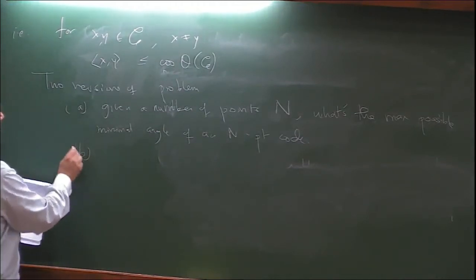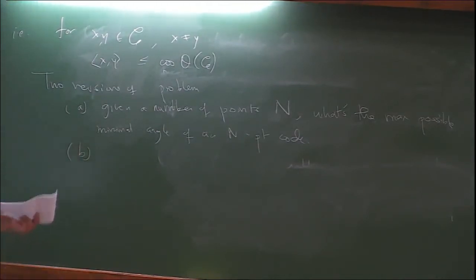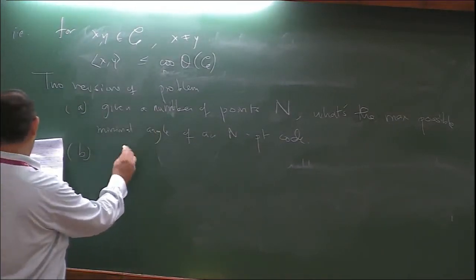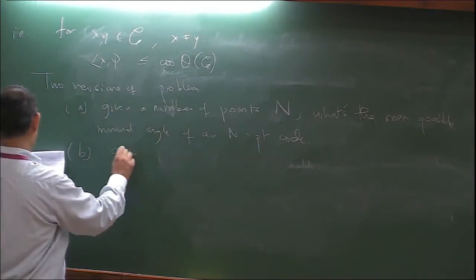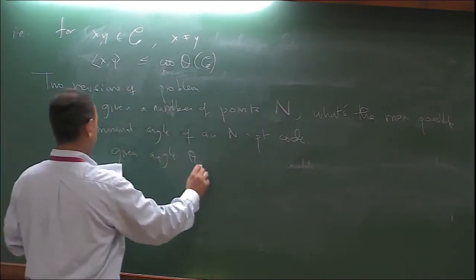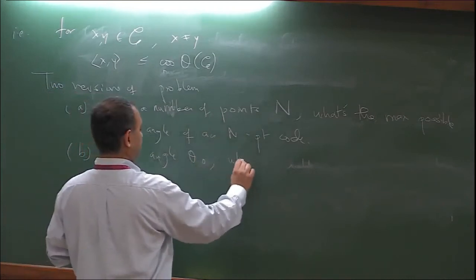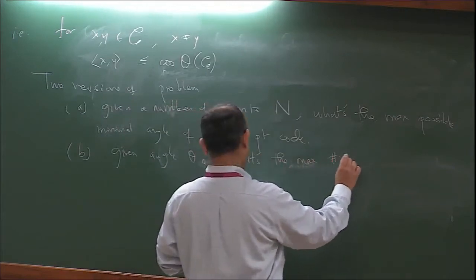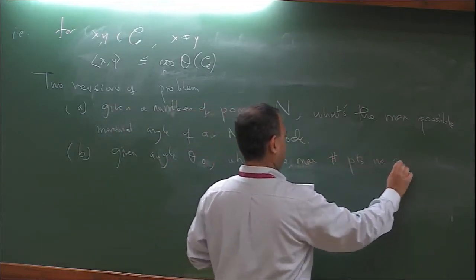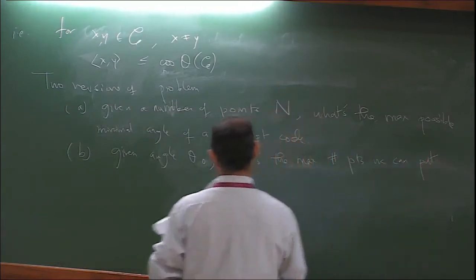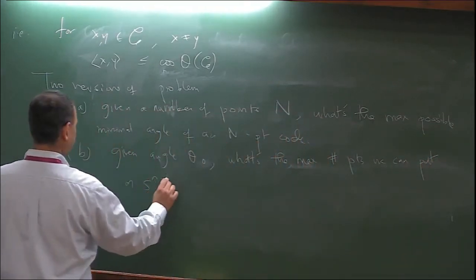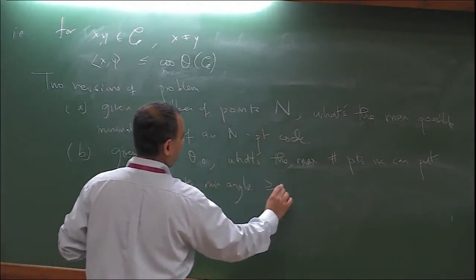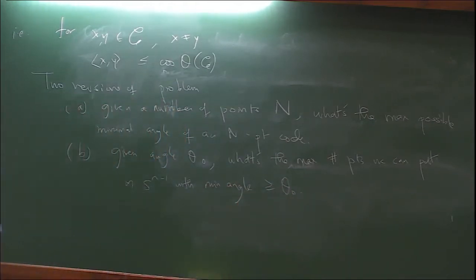The other possibility is that the problem says you have to separate them by at least this angle. How many points can you cram in? So given an angle theta 0, what's the maximum number of points we can put on S^(n-1) with minimal angle at least theta 0?